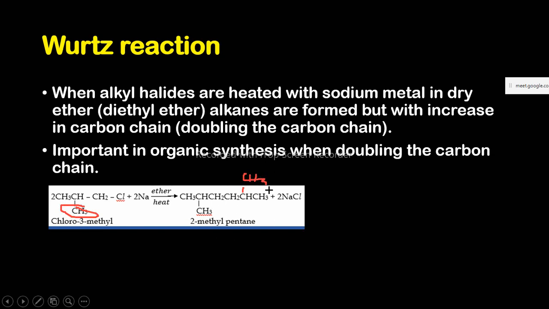And so when you are naming, this one becomes 2,5-dimethyl. I thought I wanted to change this, but I forgot. Then dimethyl. Is it 5? 1, 2, 3, 4, 5. Yeah, it's 5. Then dimethylhexane. So it is as simple as that.